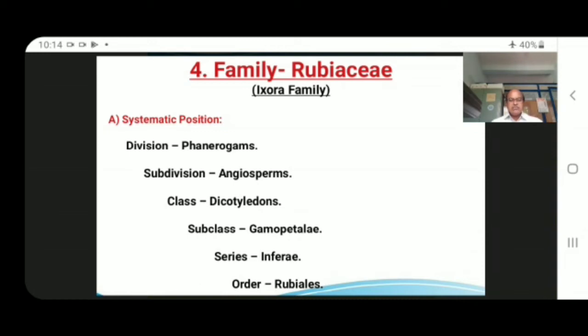Then after that we must see common examples and economic importance of this family. First common example of this family is Rubia cordifolia. In Marathi it is called manjistha.